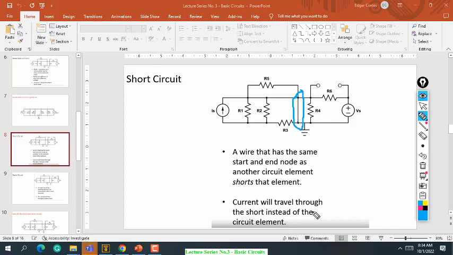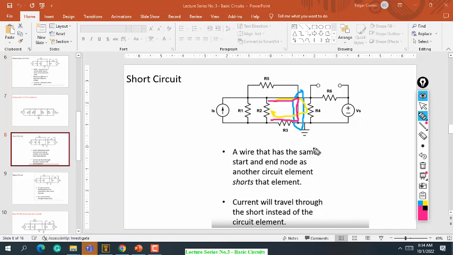So current will travel through the short circuit instead of the circuit element. So without this short circuit, class, supposedly in this node, the current would travel this area to this area, no? But because we shorted that one, it does not pass there anymore, no? In this short.